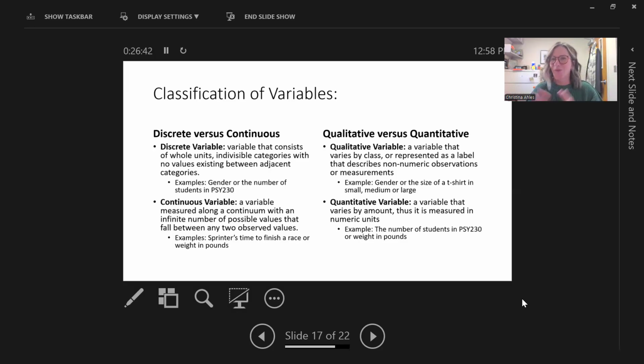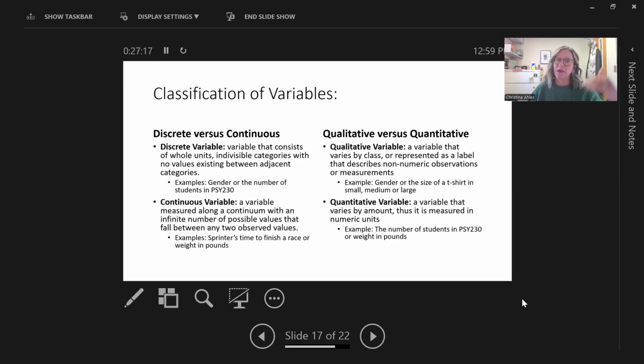That's a whole other topic, but male or female, those are just categories. So that would be a discrete variable. If I said the number of students in this statistics class, those are whole numbers because you can't be half a student. I don't have a quarter of a student or 3/4 of a student. These are whole numbers. So even the number of students in my statistics class is a discrete variable.